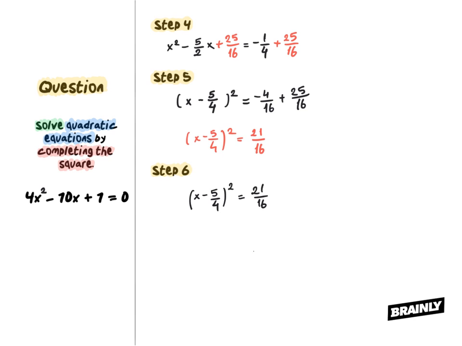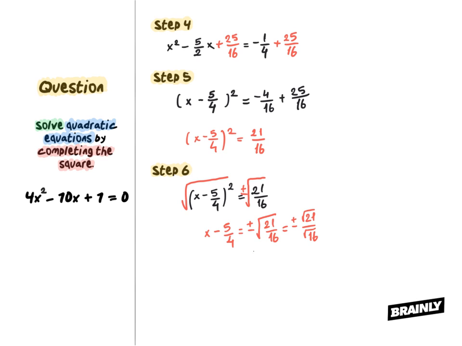Now I'm gonna do this step of taking the square root of both sides. When I take the square root, I need to stick the positive and negative on one side. It's always easier just to stick it where the number is. So then we have x minus 5/4 equals positive or negative square root of 21 over 16. We can break this up as the square root of 21 over the square root of 16.